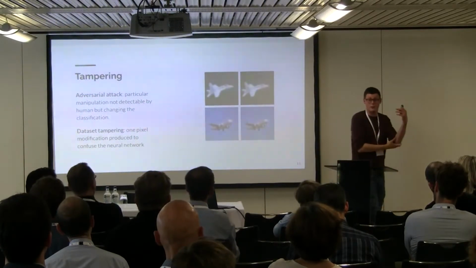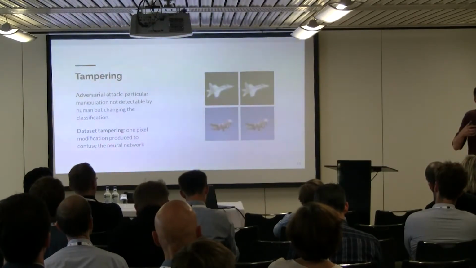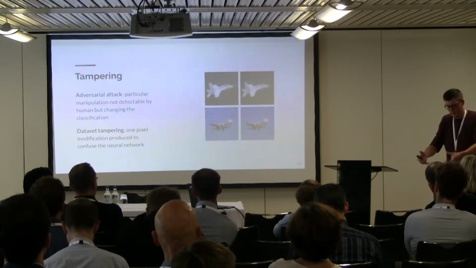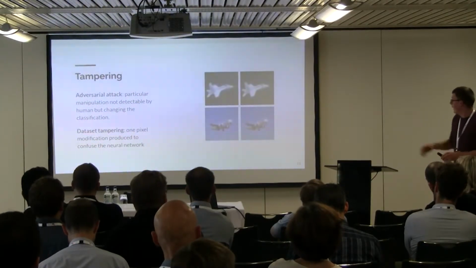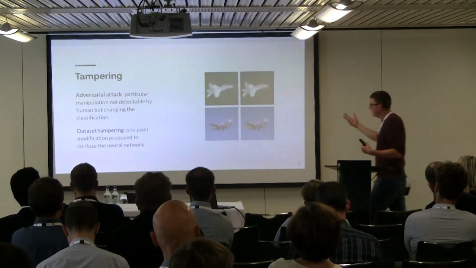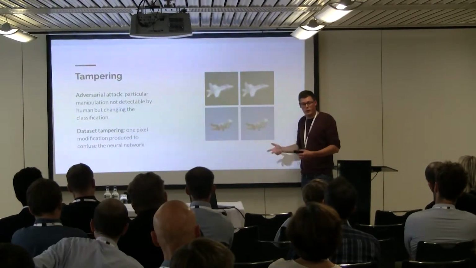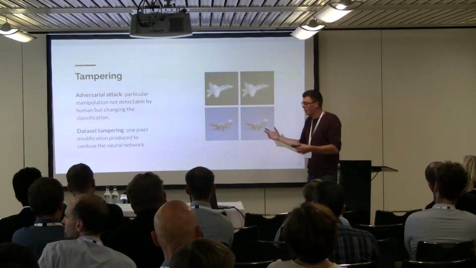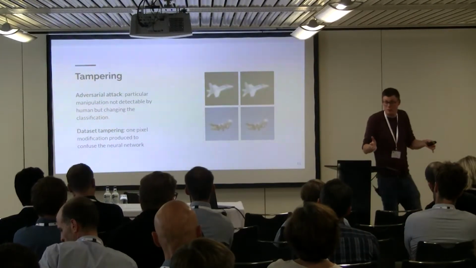The idea is to tamper with a dataset so that a human who looks at it will not see the difference, but the network will learn that if there is a green pixel, it's this class. It doesn't learn all the features of the picture.